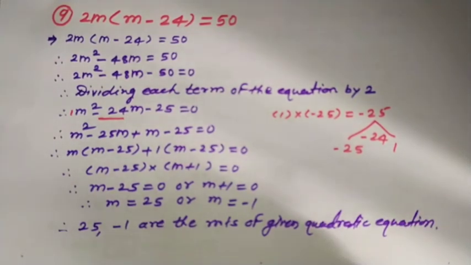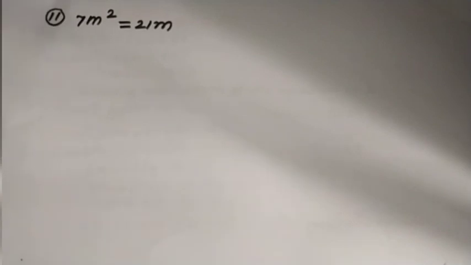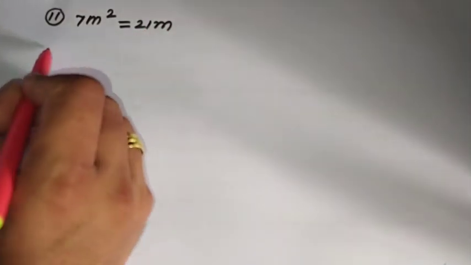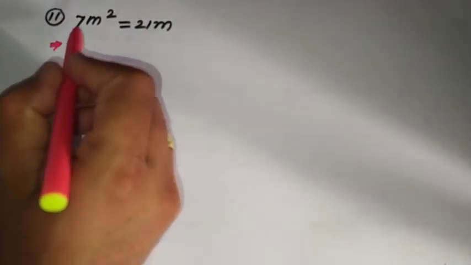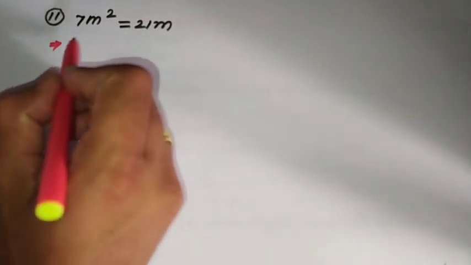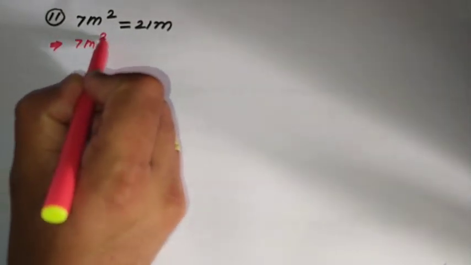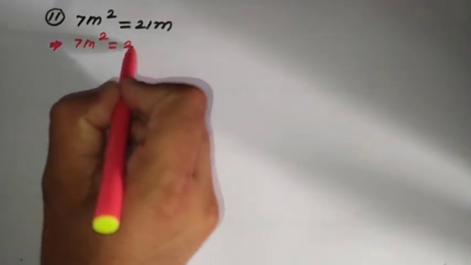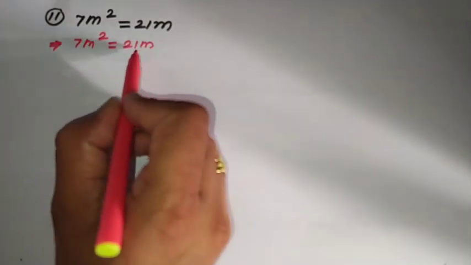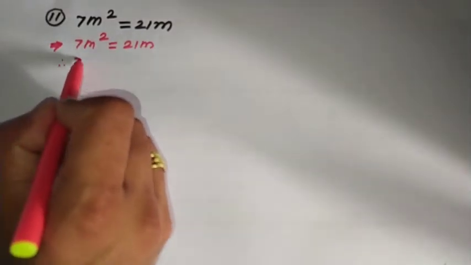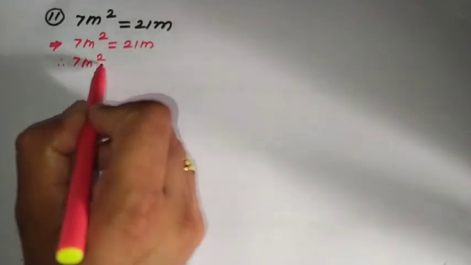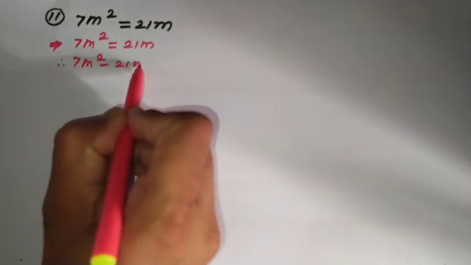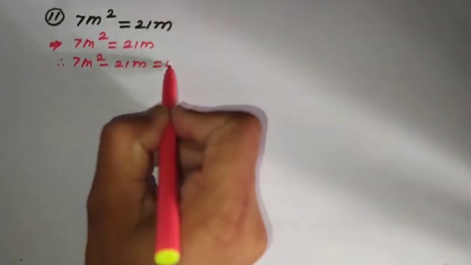In this type, solve the next example, number 11. 7m square is equal to 21m. 21m goes to the left side: 7m square minus 21m is equal to 0.